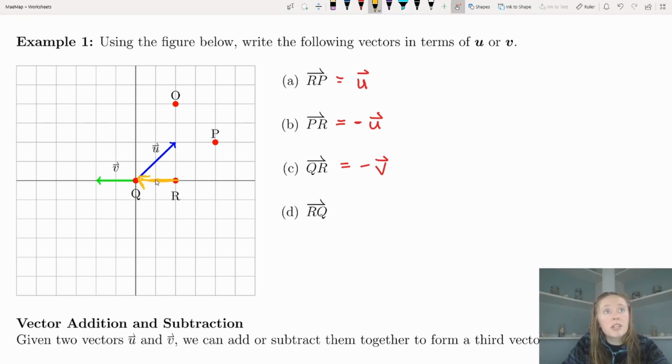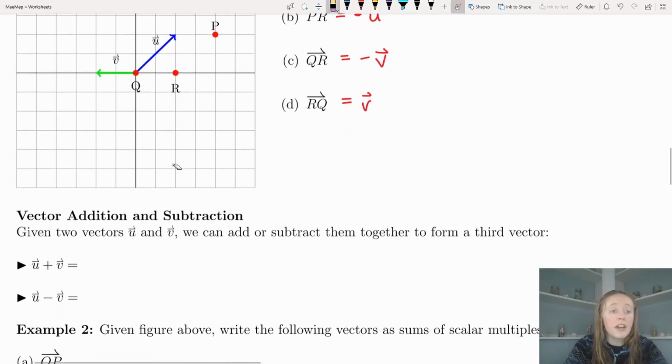I'm just shifting the starting point of my vector v. So RQ is equivalent to vector v. It has the same length, which is easy to see here because we're just going in the x direction. Vector v has a length of 2, vector QR has a length of 2, and they're both going in the same direction. So RQ is equivalent to v.